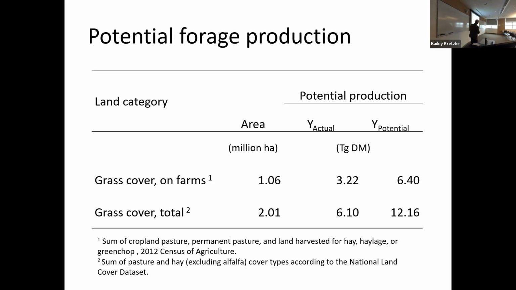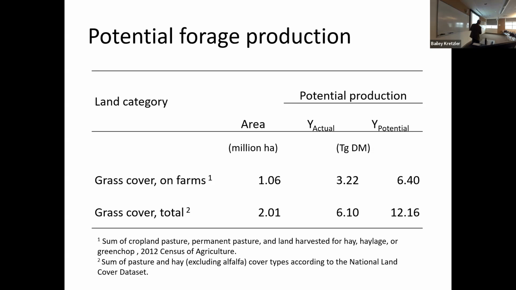We essentially looked at two scenarios of land cover and two scenarios of production. So one estimate, the lowest estimate, is based on current grass cover on farms and actual yields, and then there are combinations of either more land, or higher yields, and more land at higher yields.